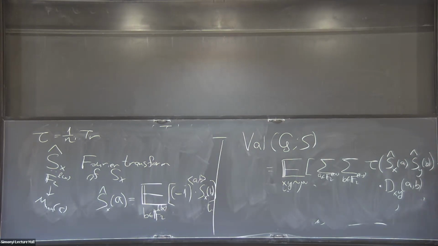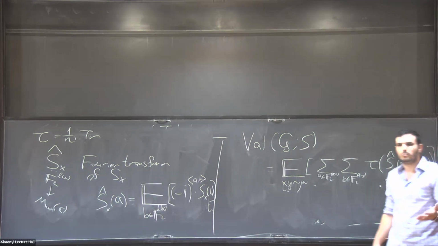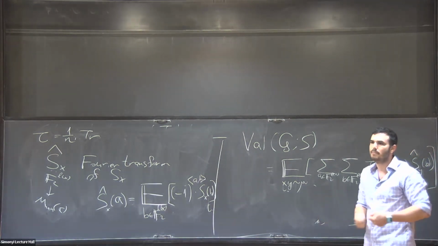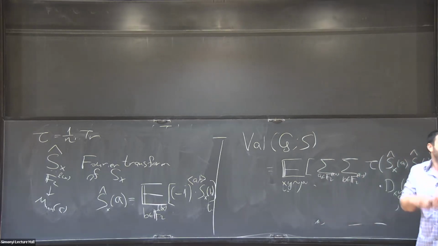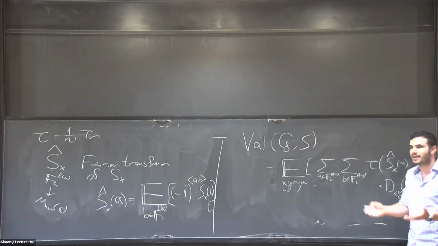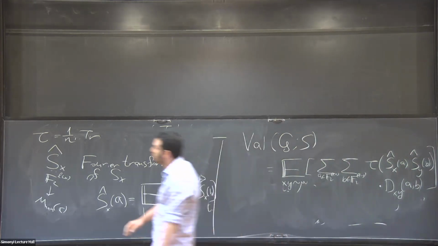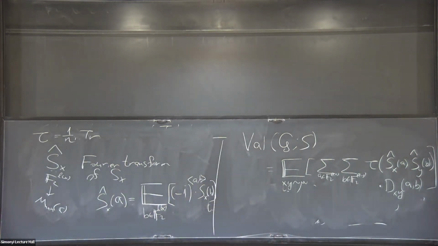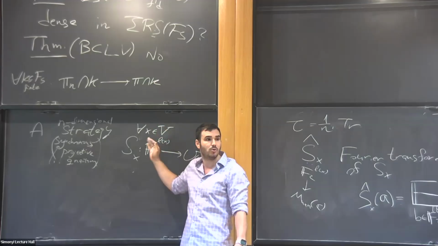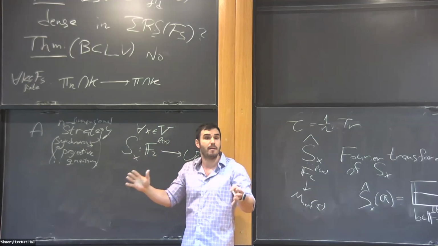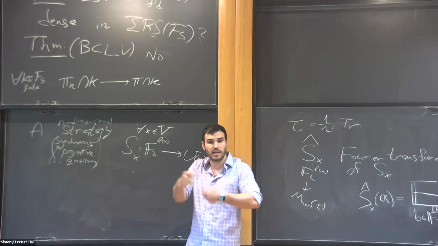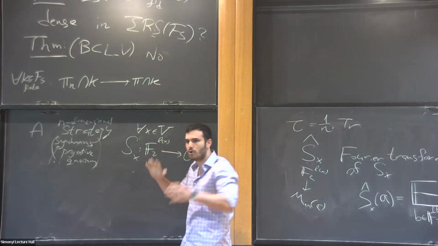Let's unpack this formula. If you use the standard formulation of quantum mechanics and the two provers hold a maximally entangled state, and they measure their maximally entangled state according to what these things tell them to, this somehow tells them how to orient their labs. They have particles, like qubits, and this tells them how to orient their labs.